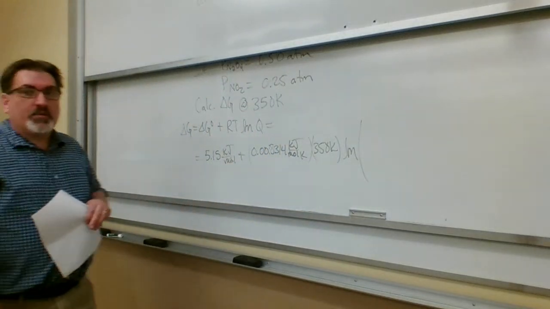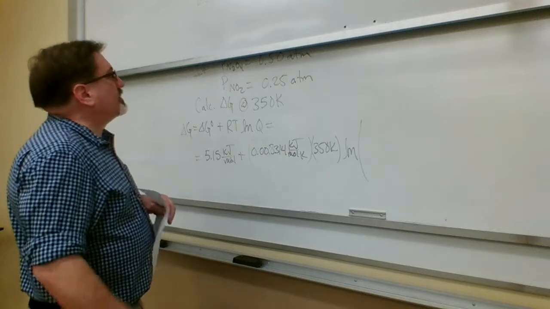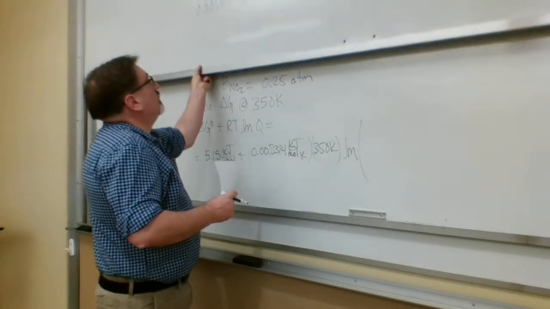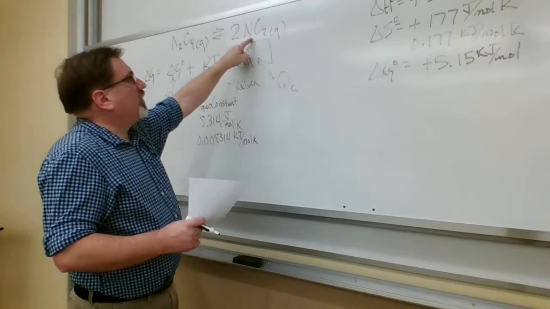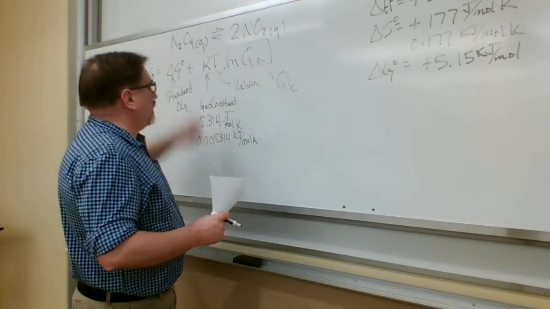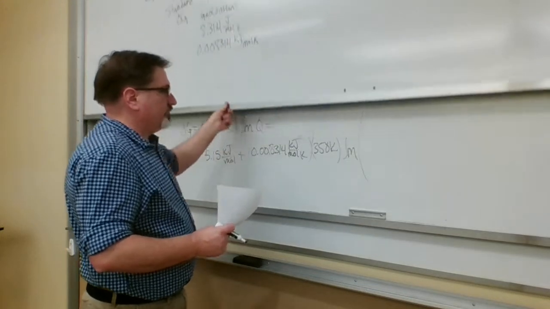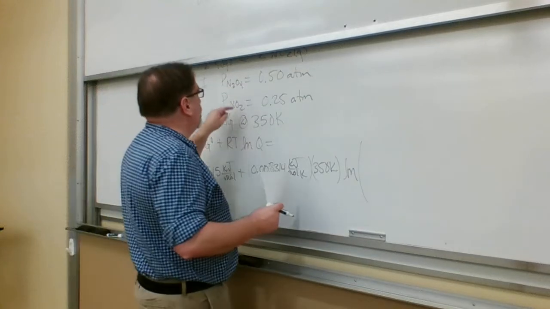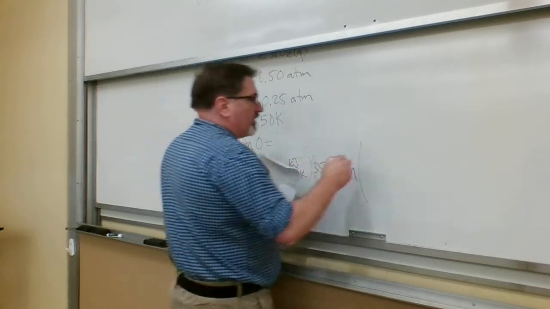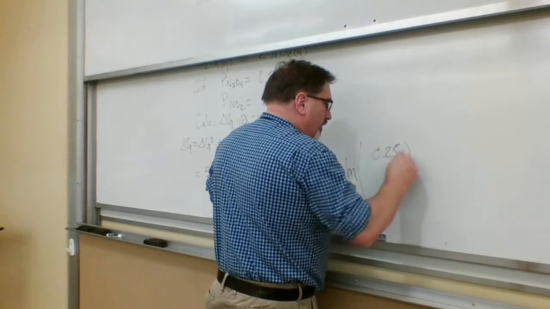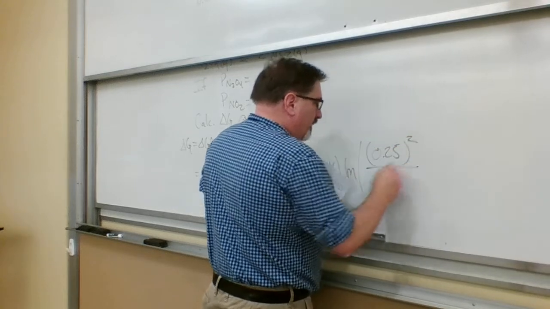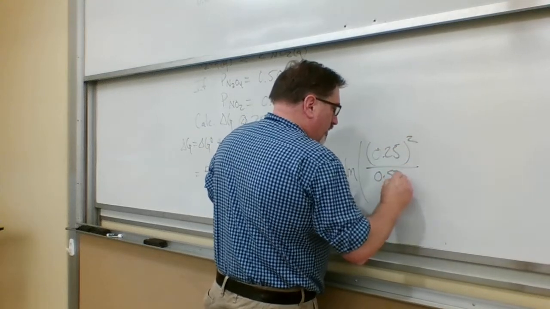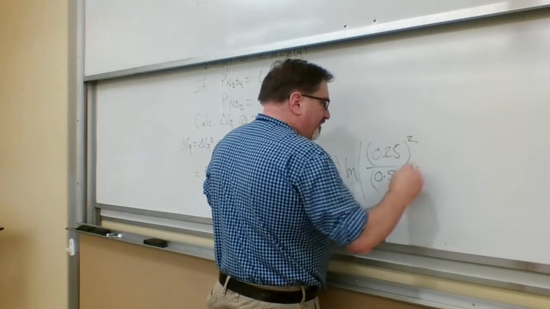Q came from equilibrium, right? Products over reactants. Products NO2 squared over N2O4. So our pressure of NO2 was 0.25 squared divided by N2O4, which is 0.5.